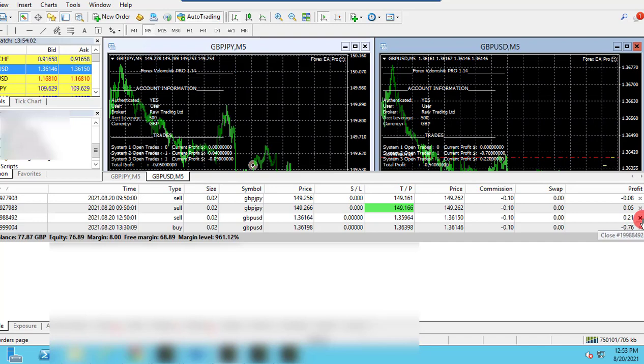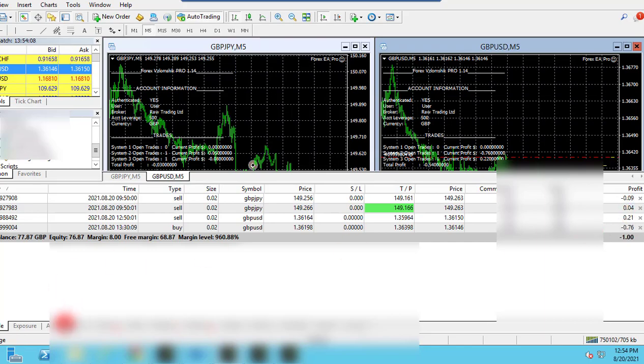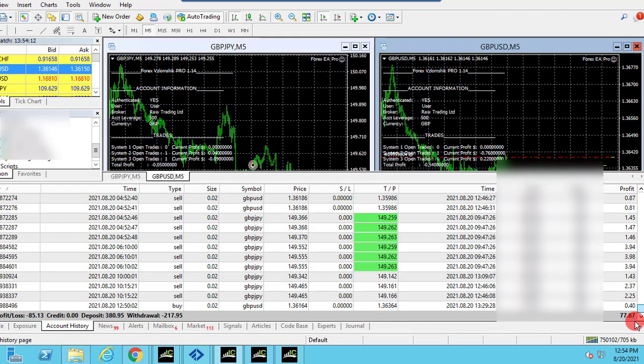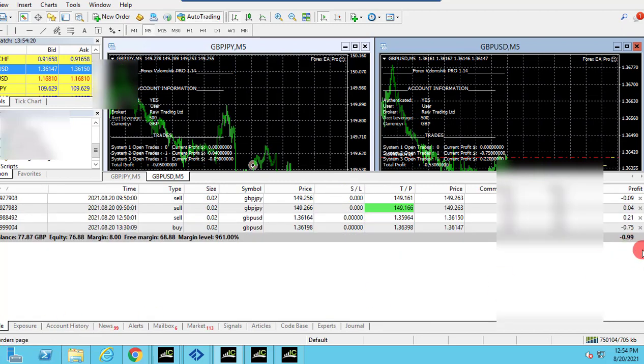Well, I could close this one down, but I'm not gonna close it. Let it grow to 1 cent, 2 cents. Well, at least it made me almost 25 pounds today. 25, 26 pounds. Yeah, that's it.